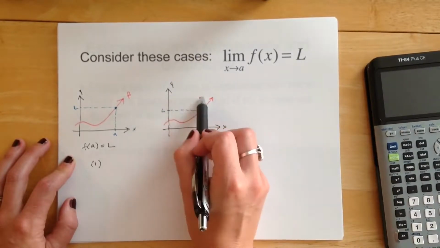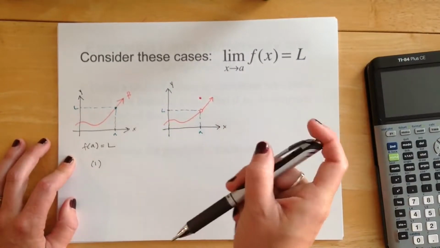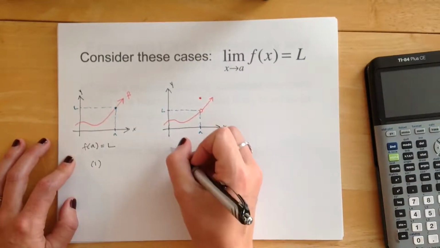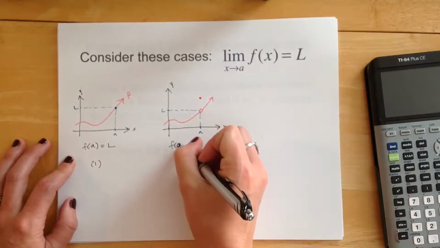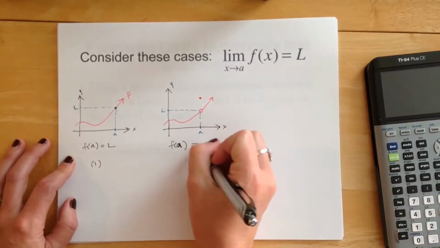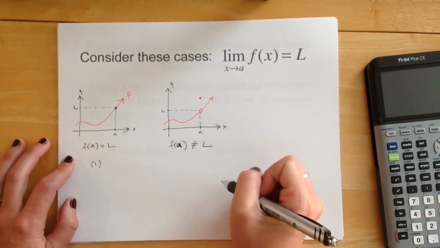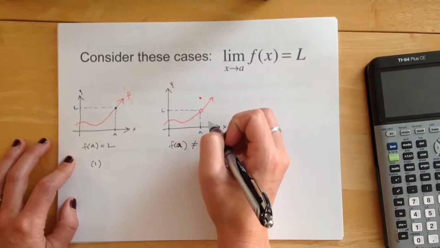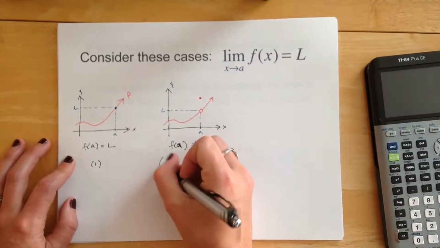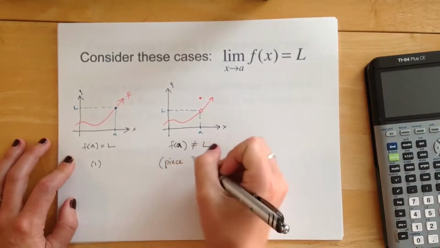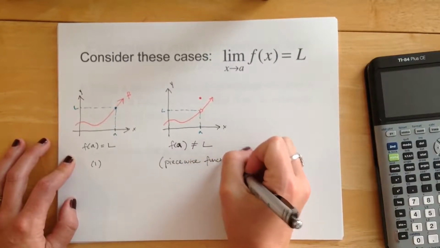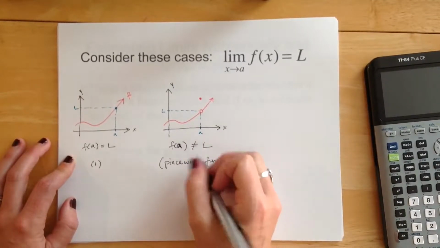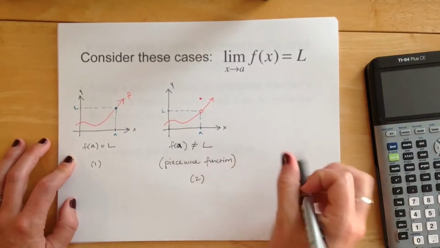Whatever this y value is here, the function is actually equal to when evaluated at x equals a. So I can say f of a does not equal L. This could happen if we have a piecewise function. So that's our second case.